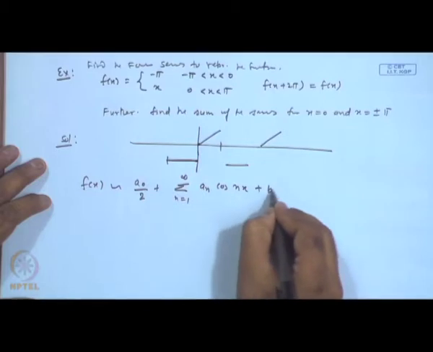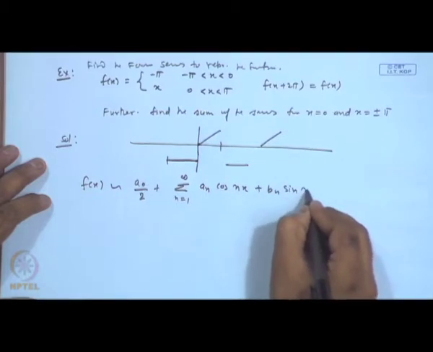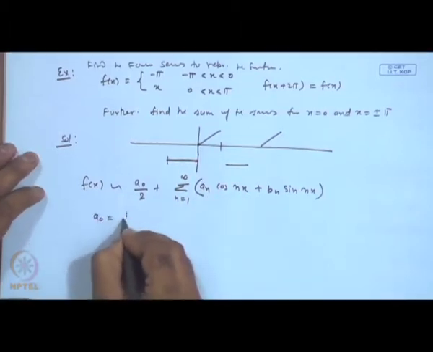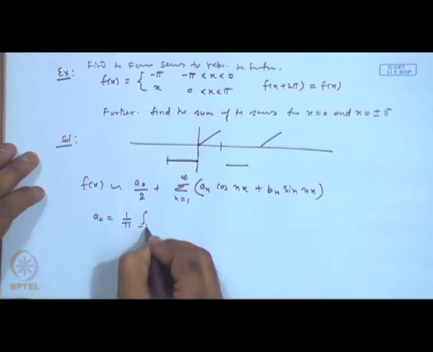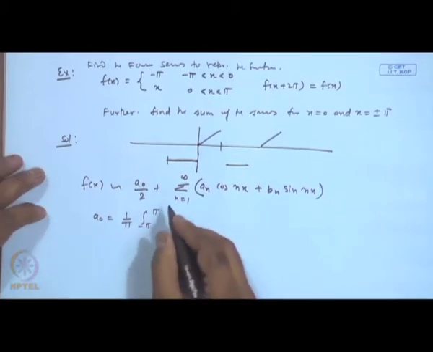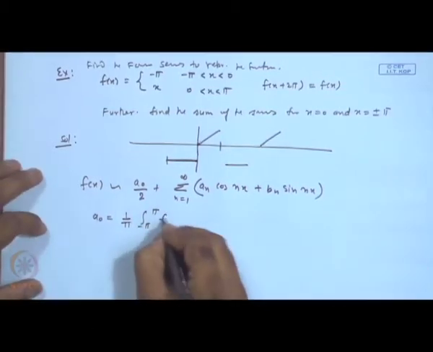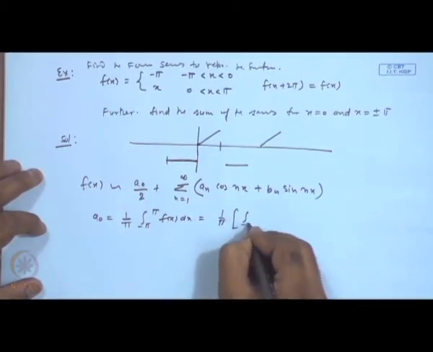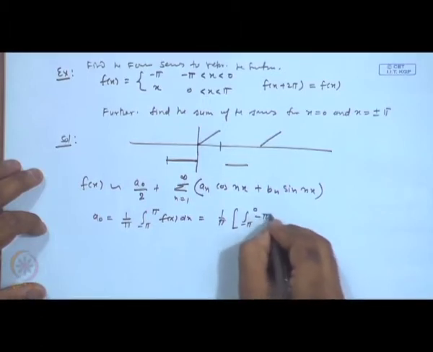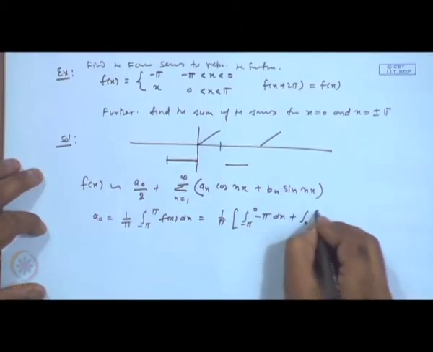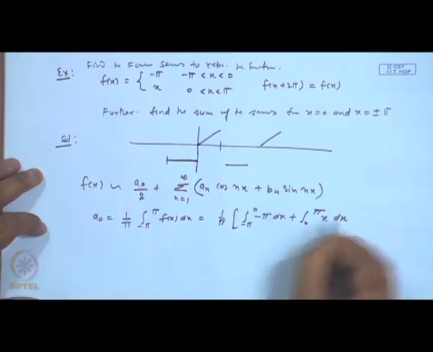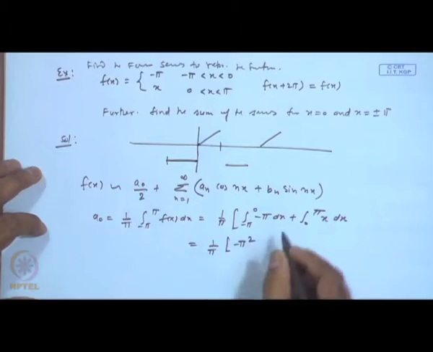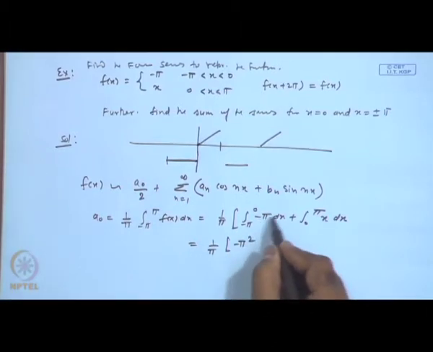a n cos n x plus b n sin n x, and we calculate this a 0 first, that is 1 over pi, integral from minus pi to pi of f x dx. We can break this from minus pi to 0, we have minus pi dx, plus 0 to pi, we have x dx, and this is 1 over pi times minus pi square, because minus pi, and then we have x here.